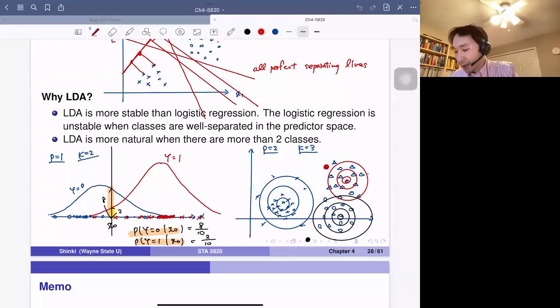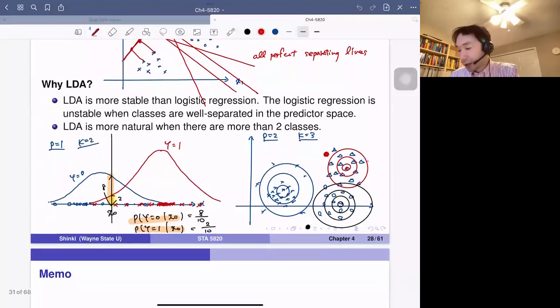So we use that. If we have two distributions, maybe the blue one is the distribution of one class, where the x-axis is the predictor, and the red one is the distribution of another class. Then we compare the ratio of these heights.